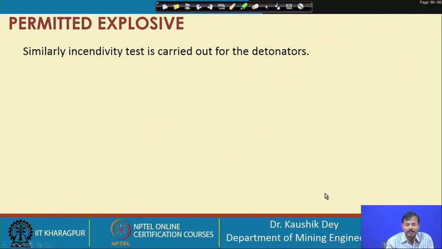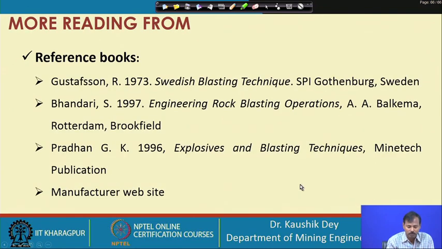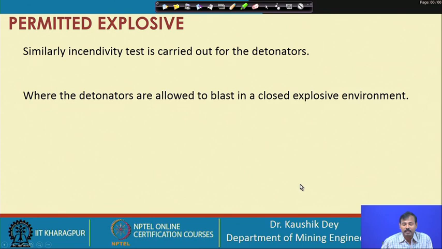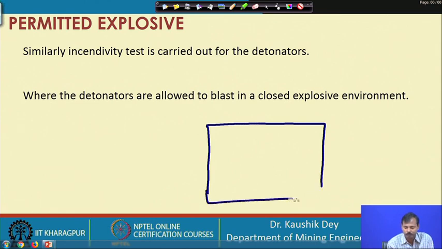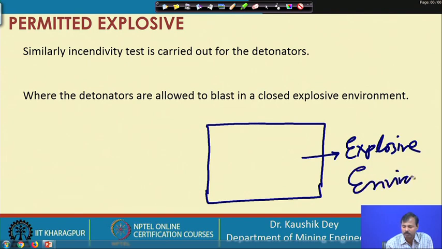Similarly, the incendivity test is carried out for the detonators, where the detonators are allowed to blast in a closed explosive environment. The explosive environment is created in a chamber, similarly like coal dust or methane air mixture.